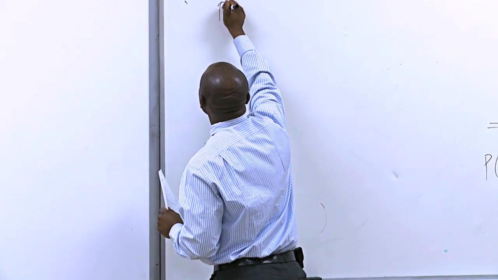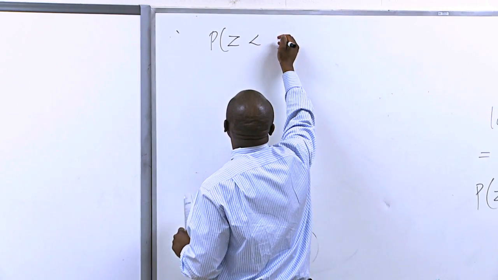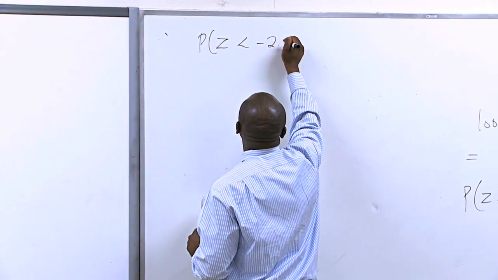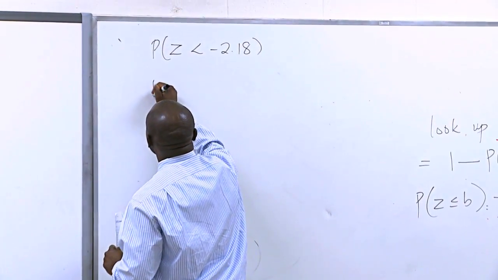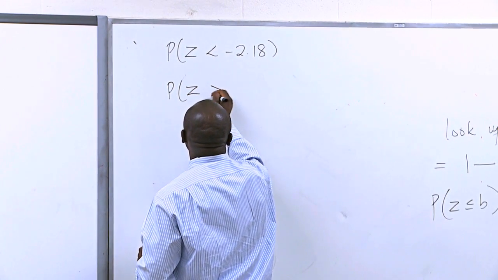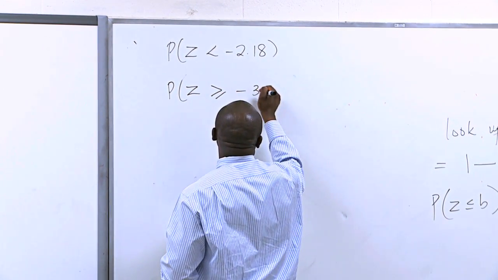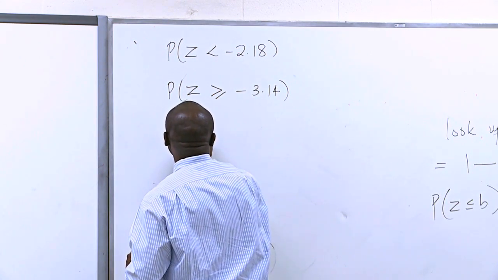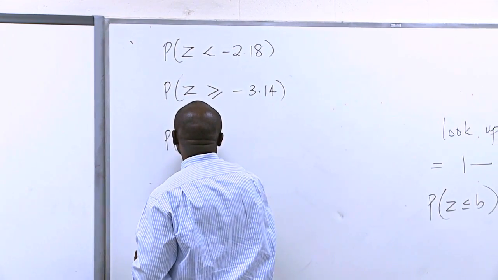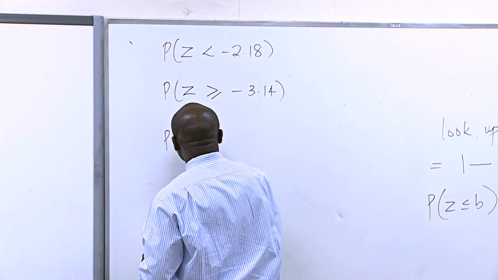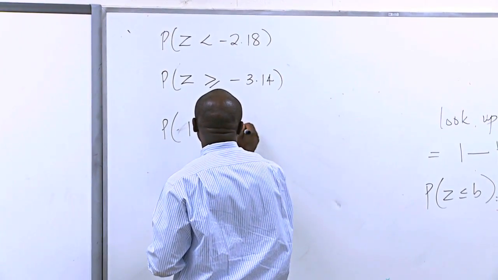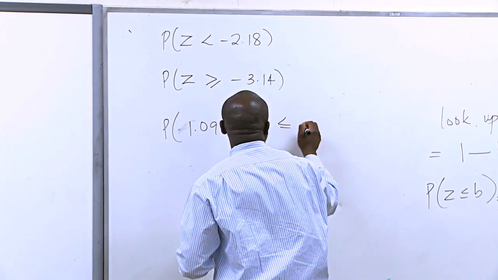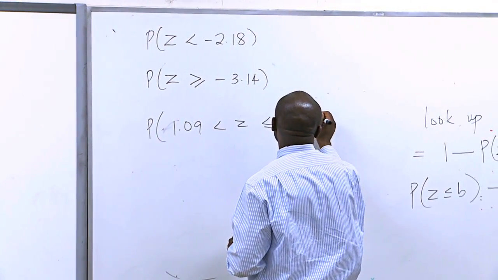Next example, find the probability of z less than negative 2.18. P of z greater than or equal to negative 3.14. P of z, now this time, 1.09 less than z, less than or equal to 2.99.